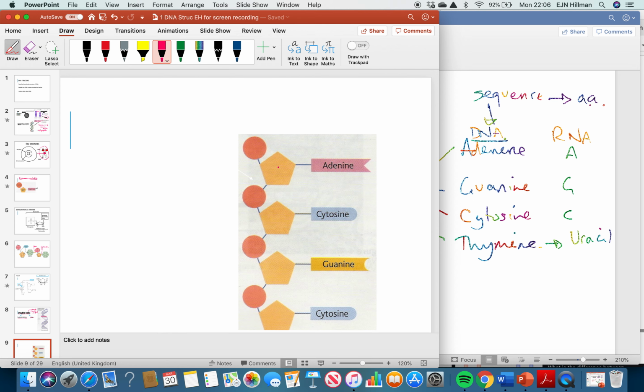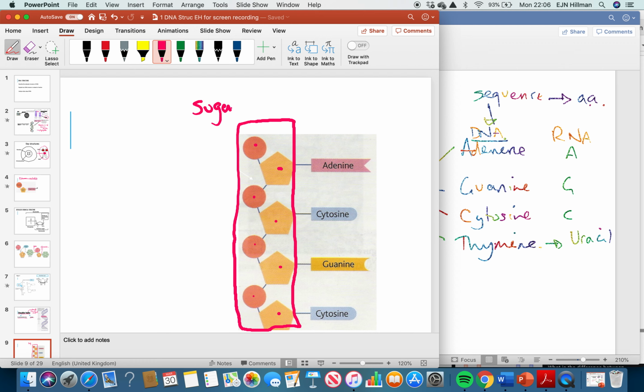Okay, so here is a single strand, and we can see that the single strand goes phosphate, deoxyribose, phosphate, deoxyribose, and so on. This part here is referred to as the sugar phosphate backbone. And the sugar phosphate backbone is joined by these covalent bonds.